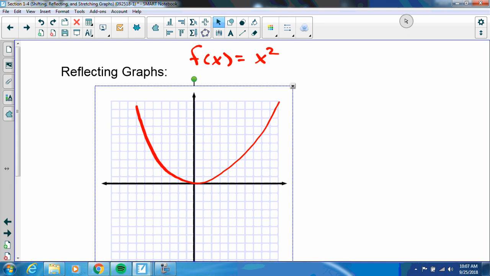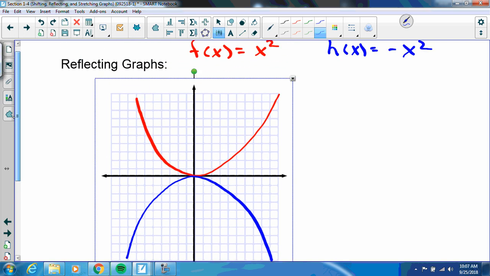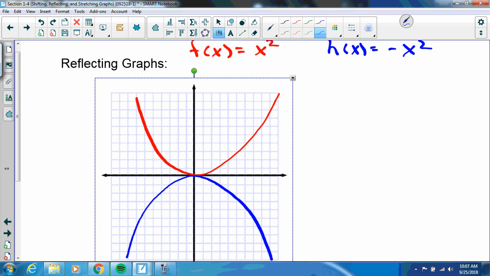So if I said h of x equals negative x squared, that would do that. So to flip it or reflect it about the x-axis, I just multiply it by a negative 1, and that flips it. Okay?